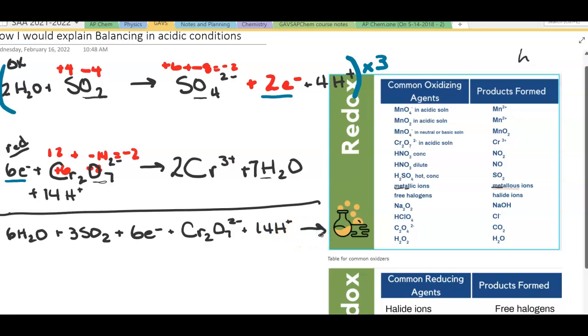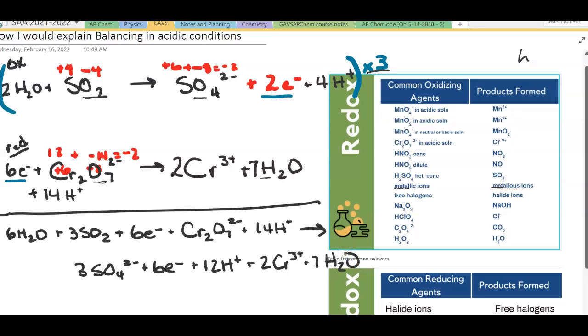And on my product side, I'm going to have, don't forget to multiply by 3, sulfate ions, 6 electrons, and 3 times 4 is 12 hydrogen ions. Going to my reduction, I have 2 chromium 3s and 7 waters.